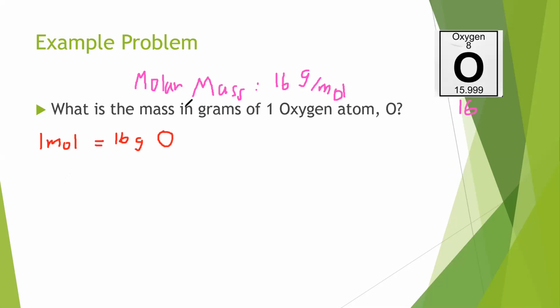But we also know that 1 mole equals 6.02 times 10 to the 23rd atoms. So we know that these two are equal. So then, since the left sides are equal, the right sides are equal as well.